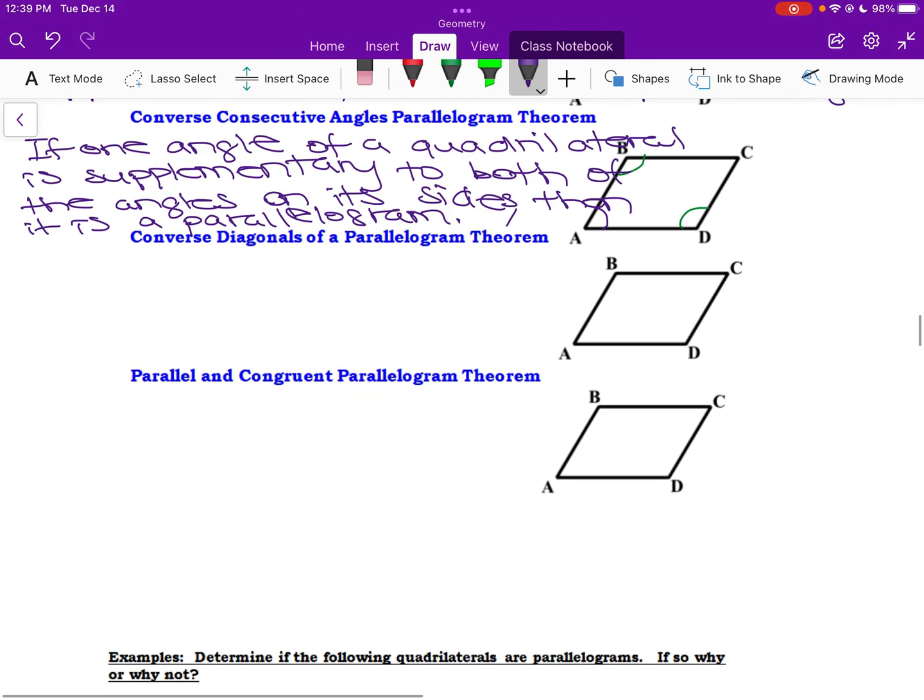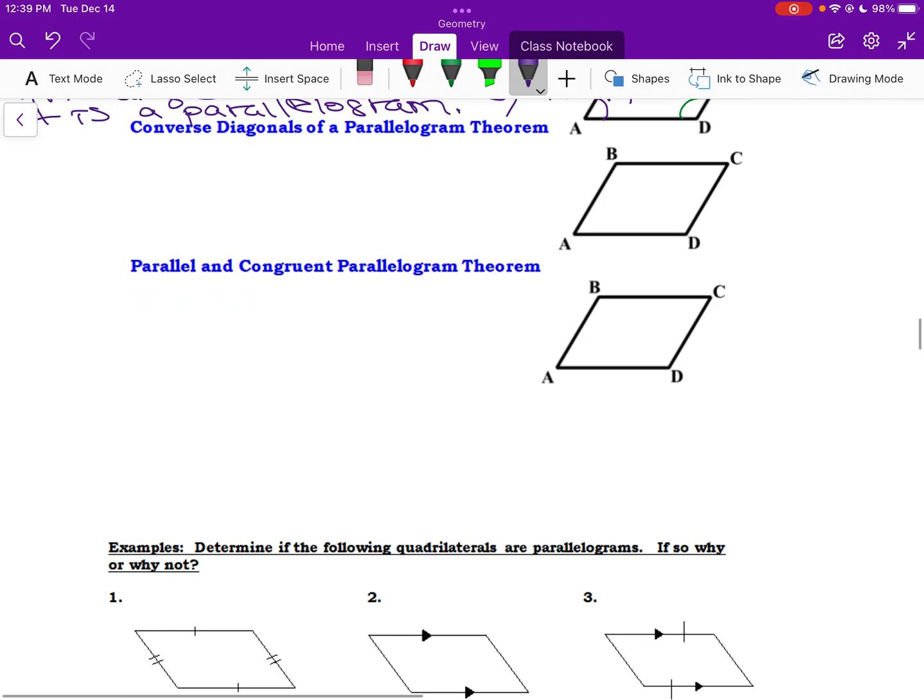A discussion on parallelograms would not be complete if we didn't visit the diagonals. So, the converse diagonals of a parallelogram theorem. This is saying if the diagonals of a quadrilateral bisect each other, it has to be a parallelogram. If I drew these two diagonals and they're cutting each other perfectly in half, then I know it's a parallelogram.